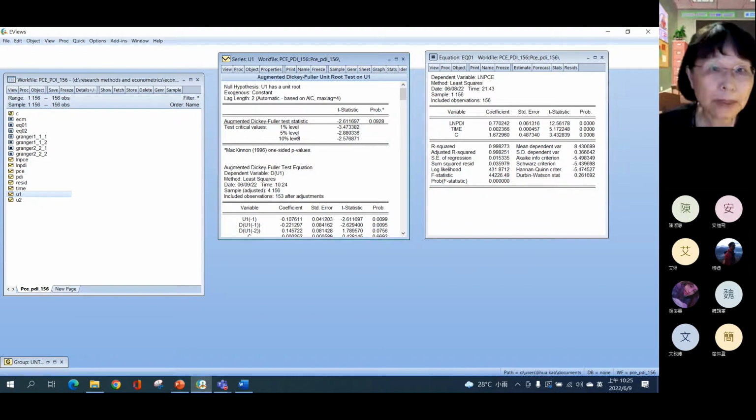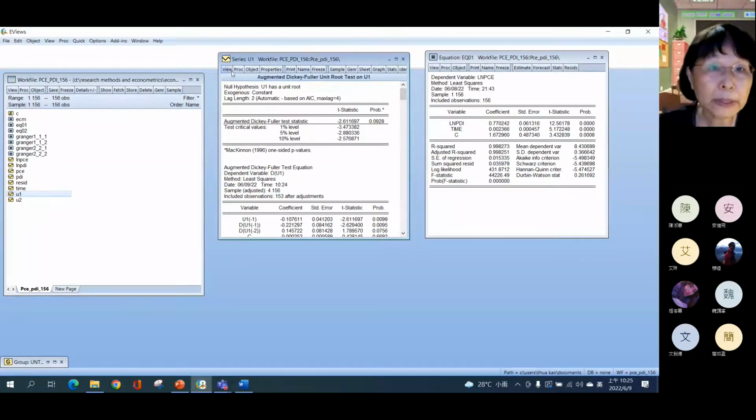But it passed the 10% level. We don't have to restrict our alpha level to be 1%, 5% or 10%, unless you really want to make it a 5% level.